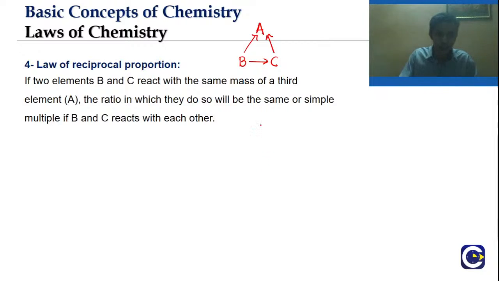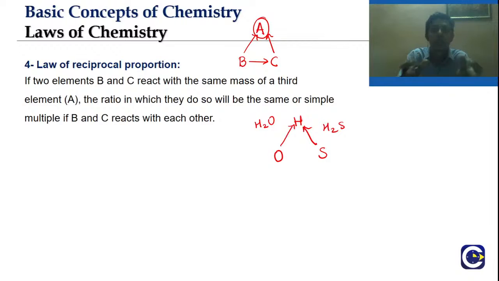So for example, let's say H is my common element A, and B and C are oxygen and sulfur. We know that oxygen and hydrogen can form H2O, and hydrogen and sulfur can form H2S. Now what does this law of reciprocal proportion say?